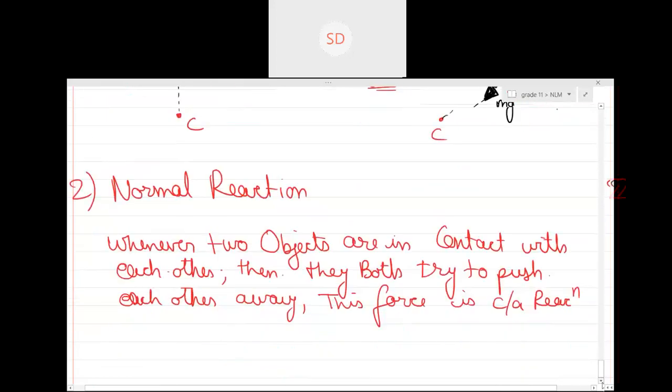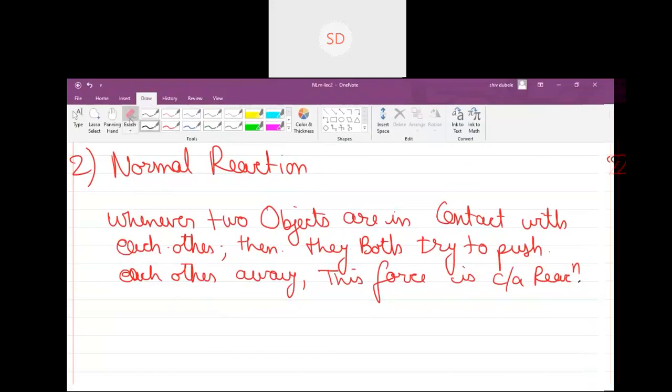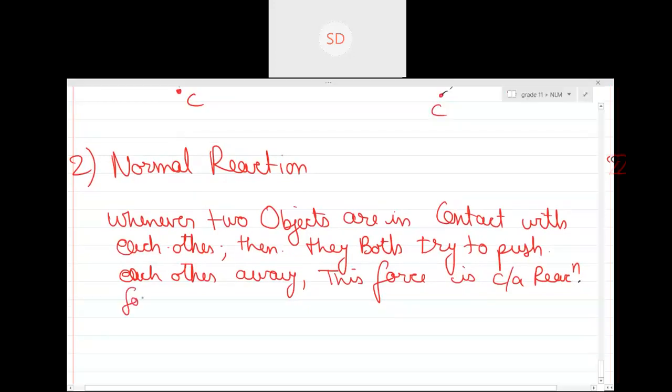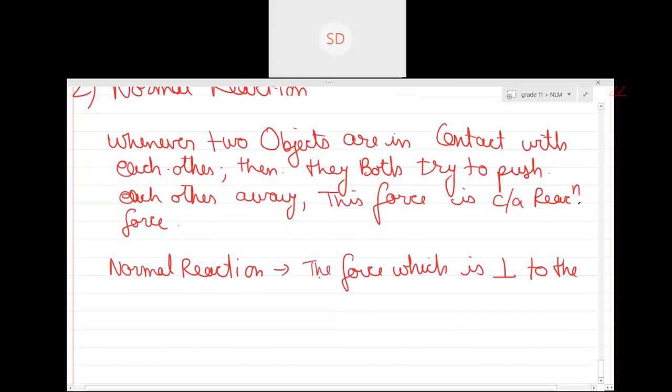So whenever two objects are in contact with each other, they both try to push each other, and this force is called the reaction force. What is this normal reaction then? Normal reaction is basically the force that is perpendicular to the surface on which the object has been kept.